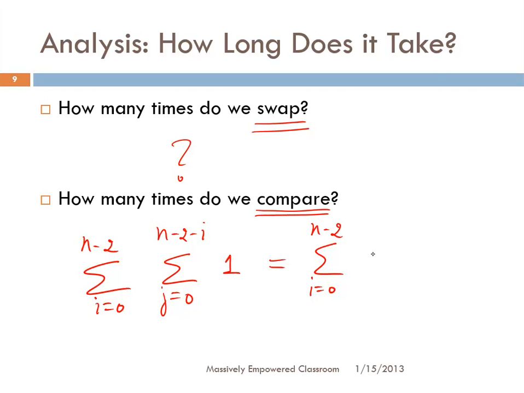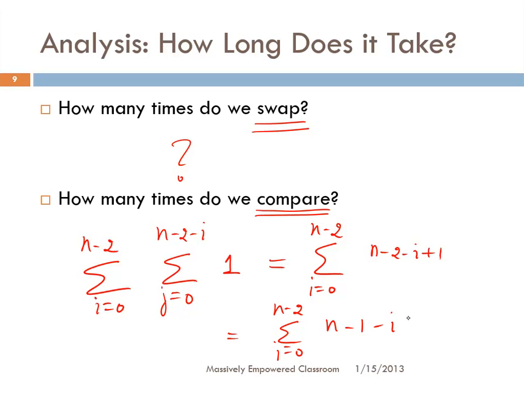If I now compute the inner thing, what is that? This is like n-2 minus I plus 1, right? Or in other words, it is nothing but sigma I equals 0 to n-2 of n-1 minus I.